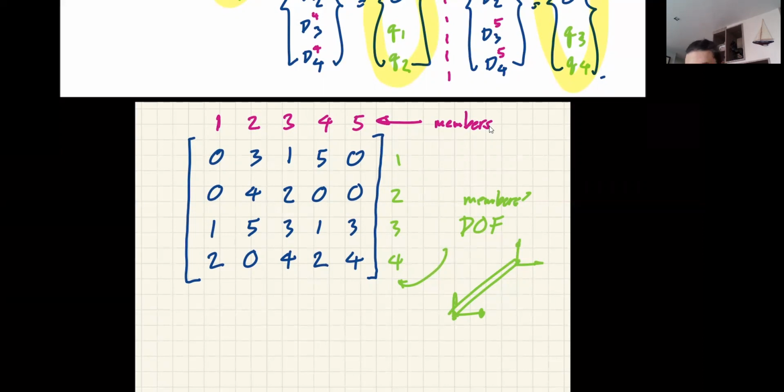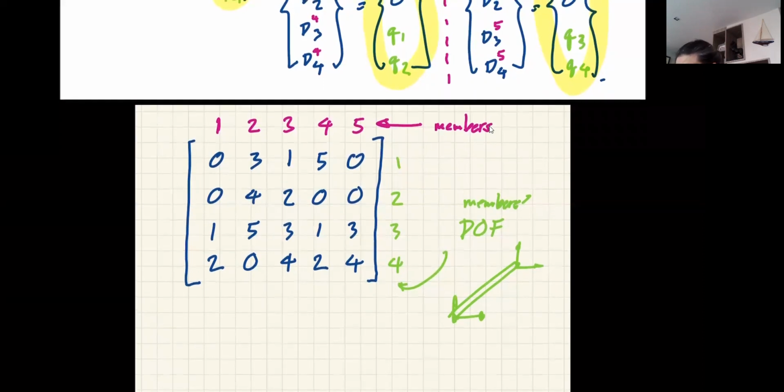Because it's a truss and each member has 2 nodes, no more than that, right? So 2 degrees of freedom per each node. So in total, one member should have 4 degrees of freedom. So the number of rows will always be 4 for the truss, because the number of rows represents the member's degree of freedom.